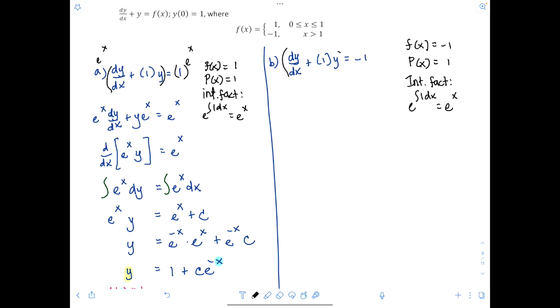And multiplying both sides by e to the x, our integrating factor, we'll have e to the x dy/dx plus e to the x times y equals negative e to the x.